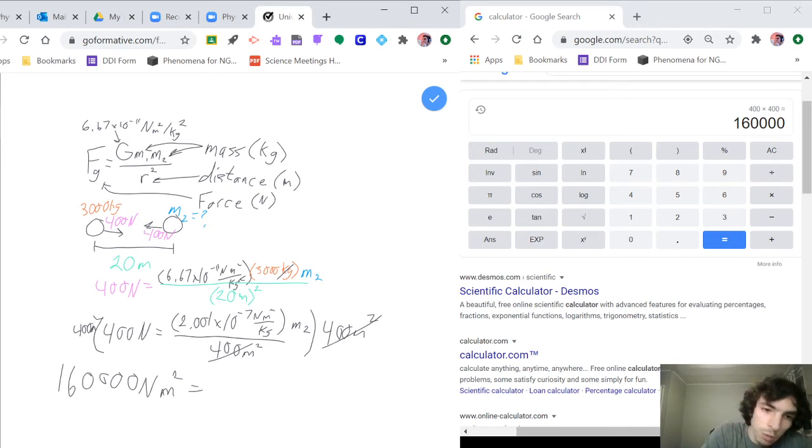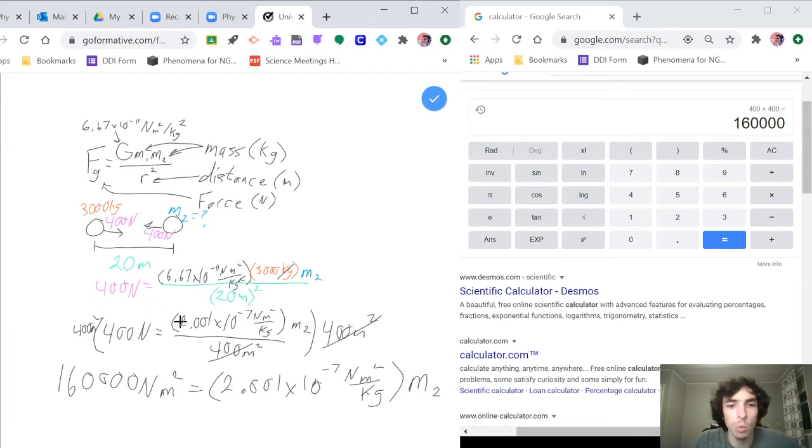And we're just left with this on our right side, 2.001 times 10 to the negative 7th Newton meters squared per kilogram, all times m2.